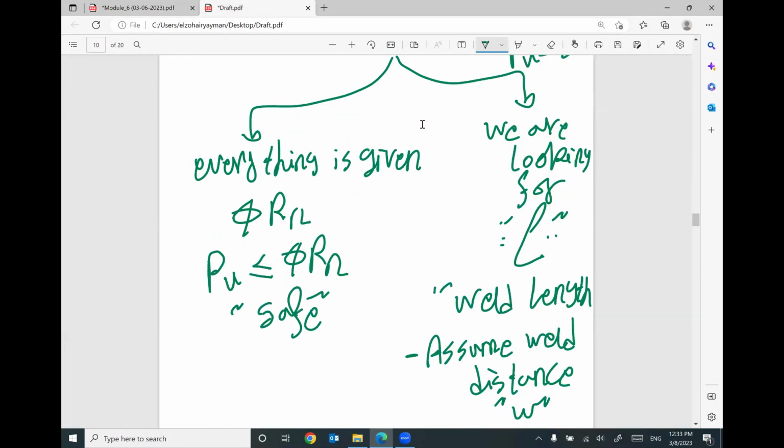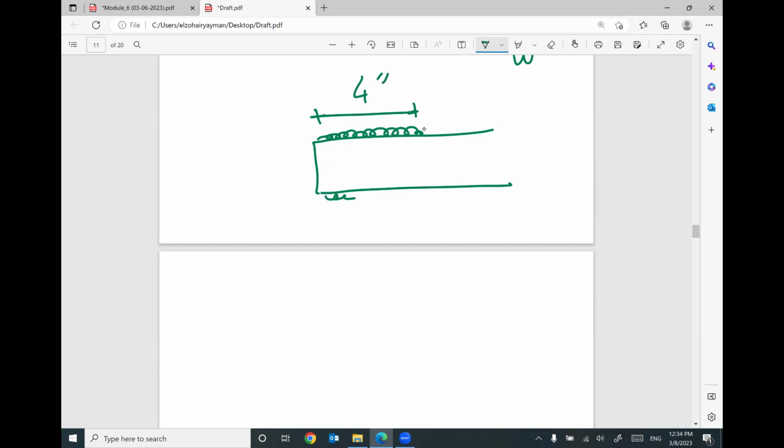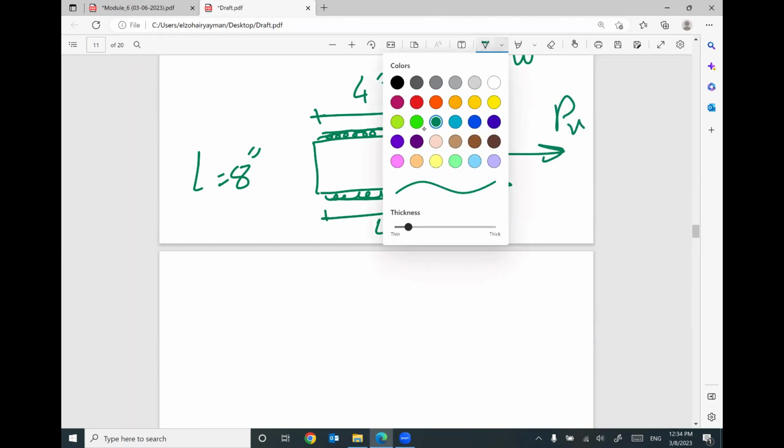Why? Let me explain it here. If your member is like this, and you put welding only on this side equal 4, the length of your welding will be 4. But you put welding also on the other side. So I have 4 and another 4. The total length of your welding is 8 inch at this moment. Both of them will support the applied load. That makes sense?